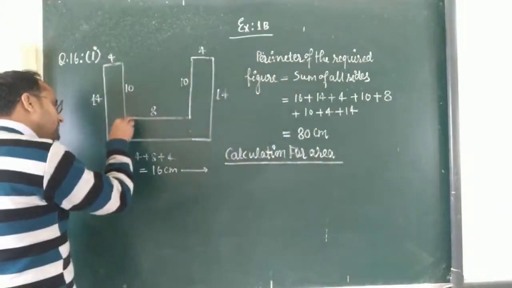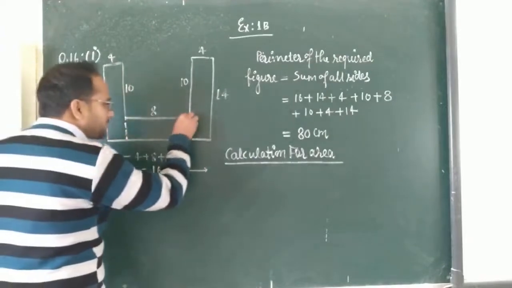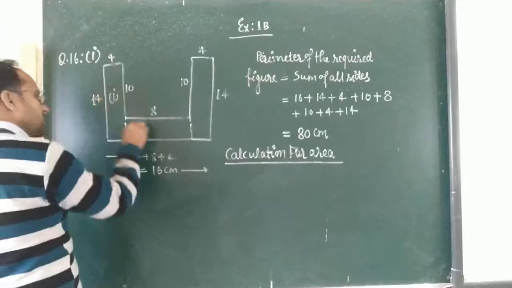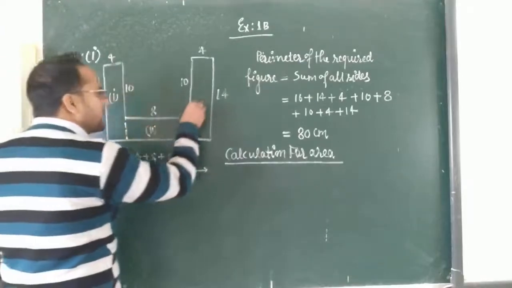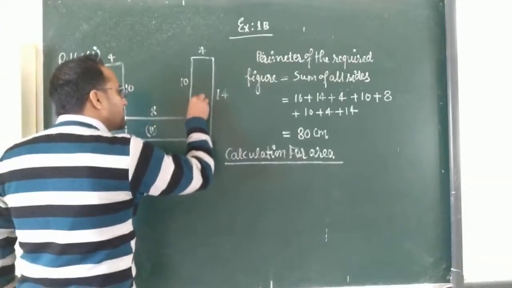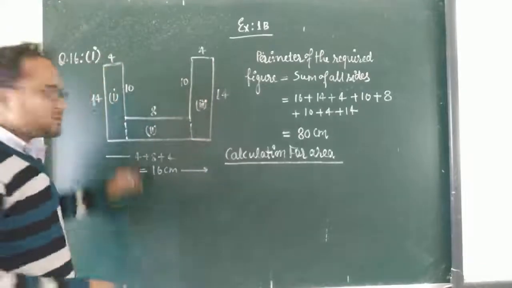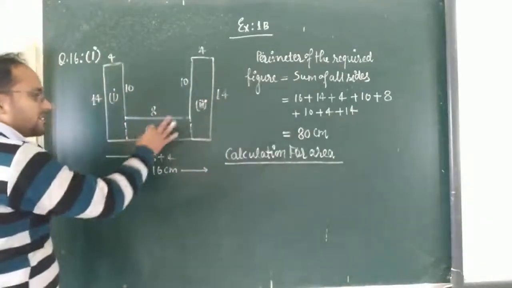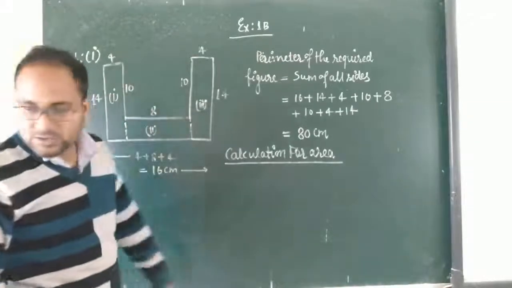See this one, if I draw this line and join to this one, this is your first part, this is your second part, and this one is your third part. There are 3 parts, all are rectangles. Okay students.